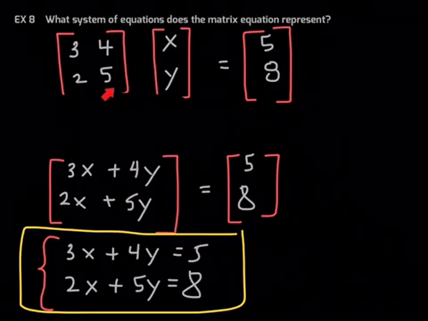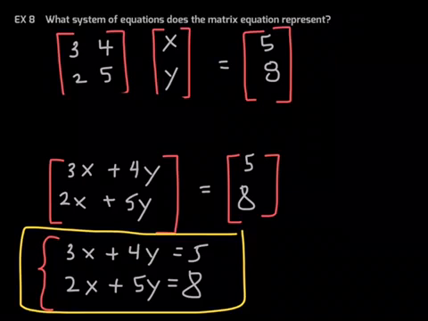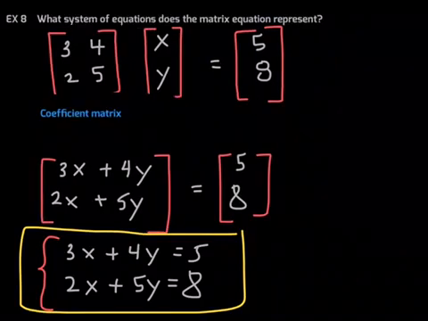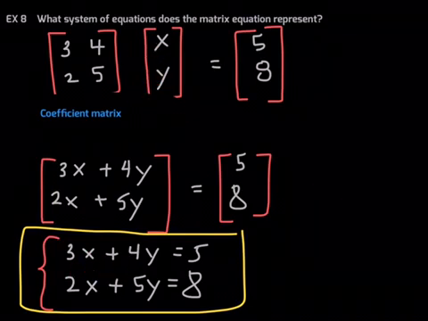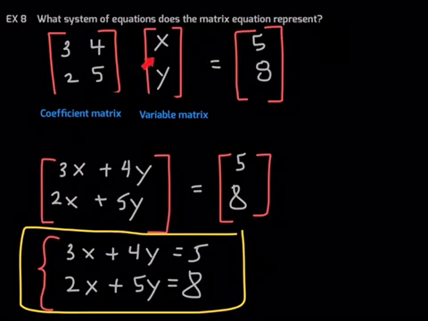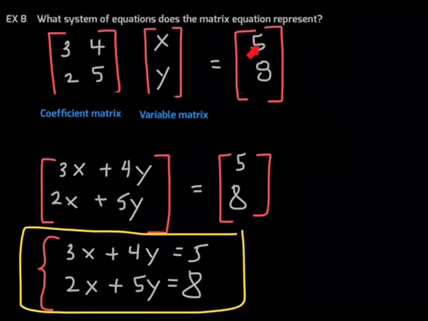Because of that, this matrix is called your coefficient matrix. And then when you look at the system, it should be obvious that our variables are x and y. So then this matrix here is called your variable matrix. Finally, you have 5 and 8. What are these? These are your constants. So then this can be considered your constant matrix.